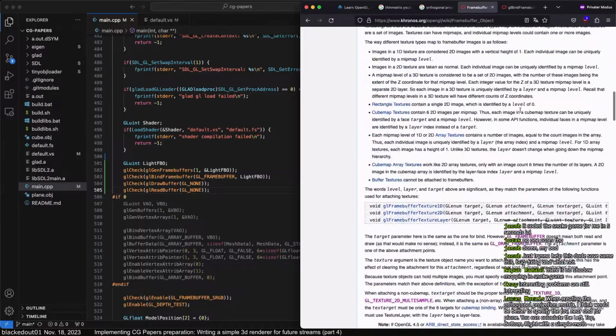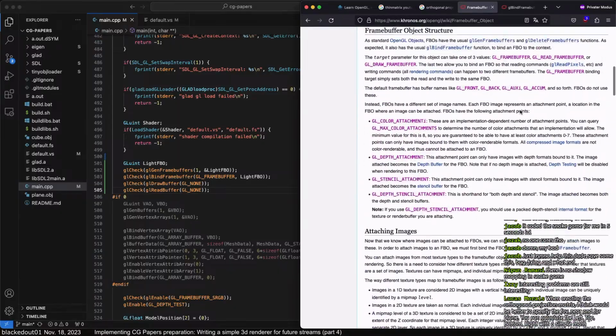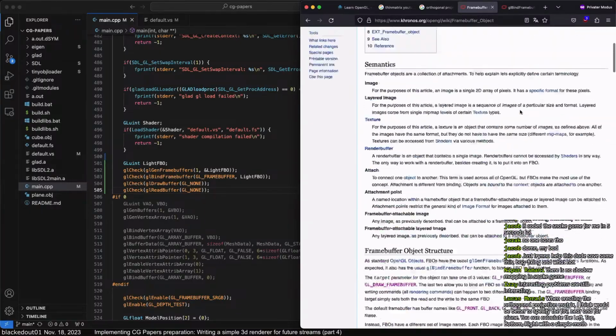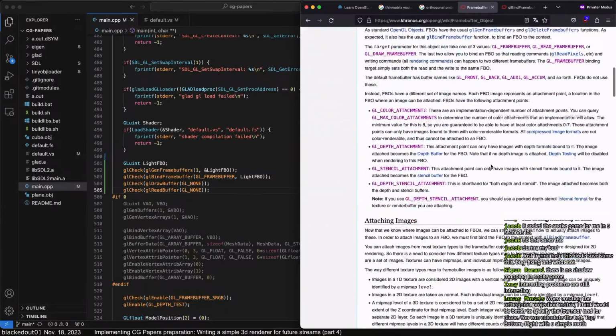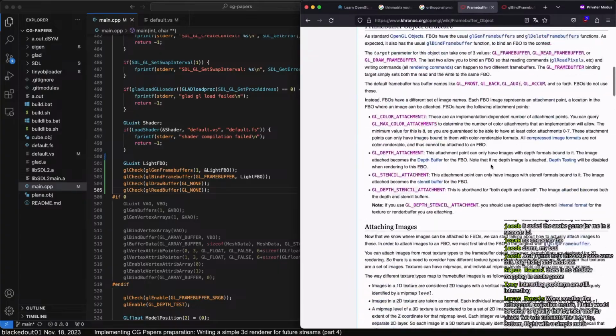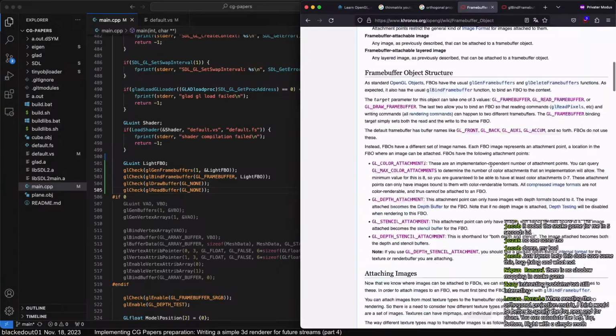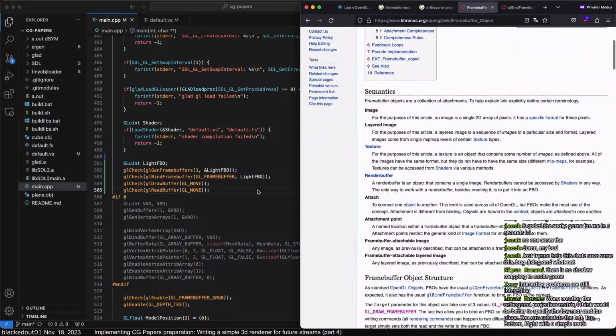And now we just need to put a depth buffer here. In these attachment points of the frame buffer, you can put images, textures, render buffers. There are different types. When you use a texture, you give it a handle to the texture you want to write into.